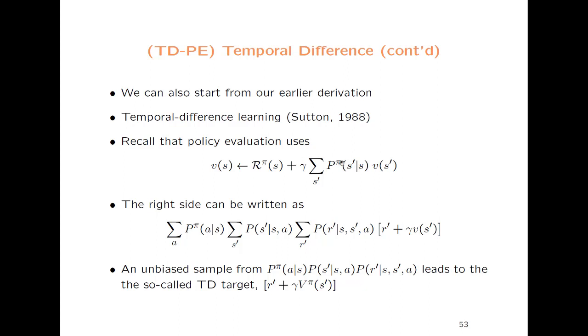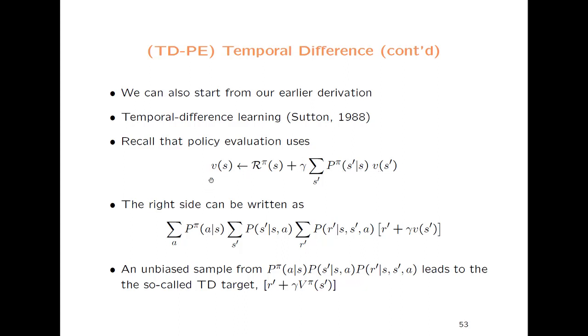Now we can also start from our policy evaluation equation. Here, with the probabilities, we use lowercase letters. So V(s) is the reward function under the policy plus gamma times the transition and the following state V(s prime).